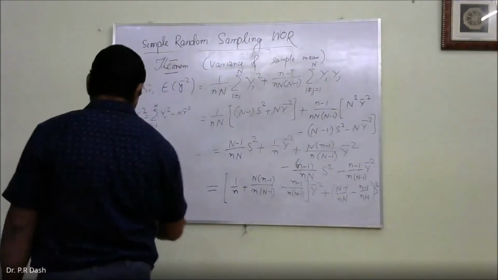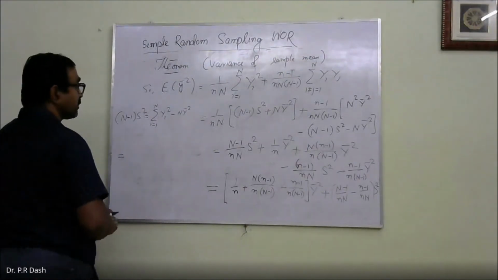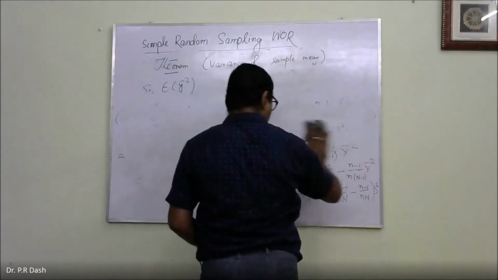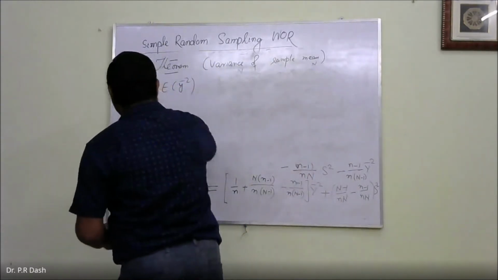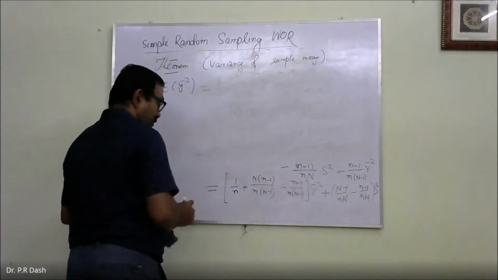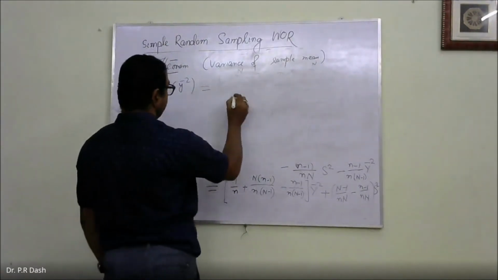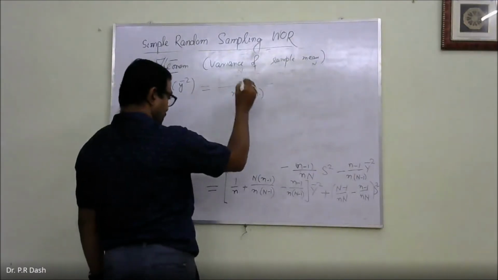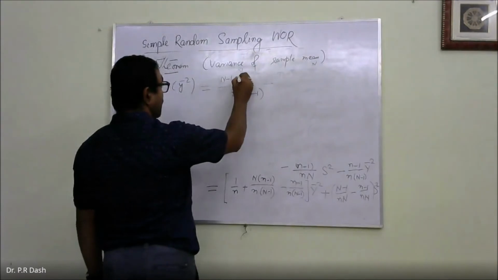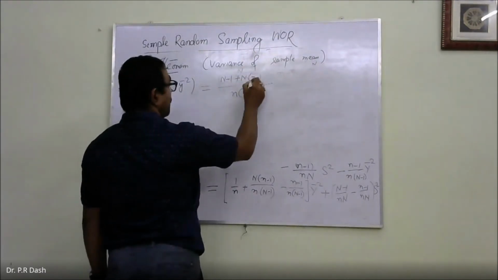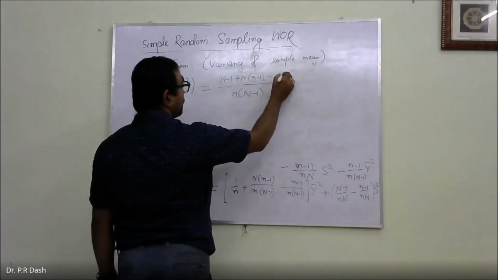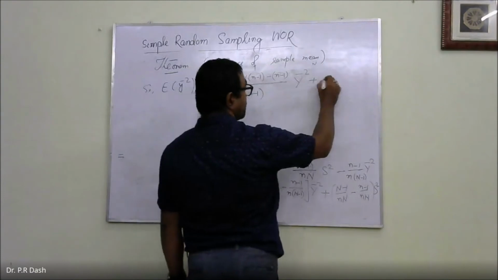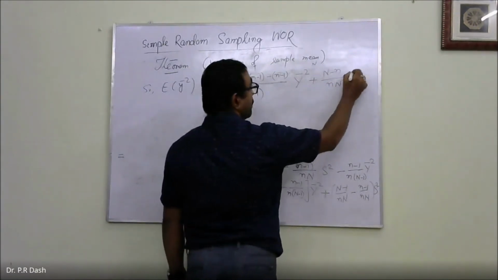Now this is equal to n minus 1 plus n into n minus 1 minus n minus 1, y bar square, plus n minus n by n s square.